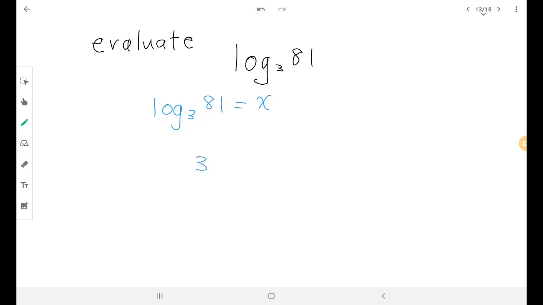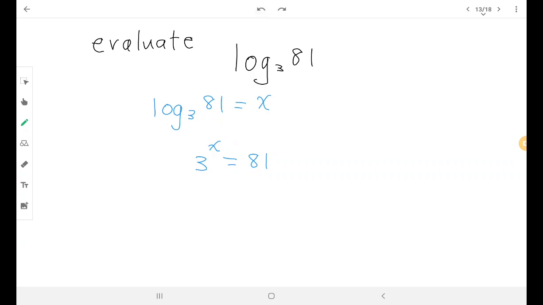And what we're going to do is rewrite this in exponential form. So 3 raised to this power equals 81. So remember, this asks you a question. What did you raise this to get this? And that's exactly the question I've proposed here. What am I raising 3 to get 81?